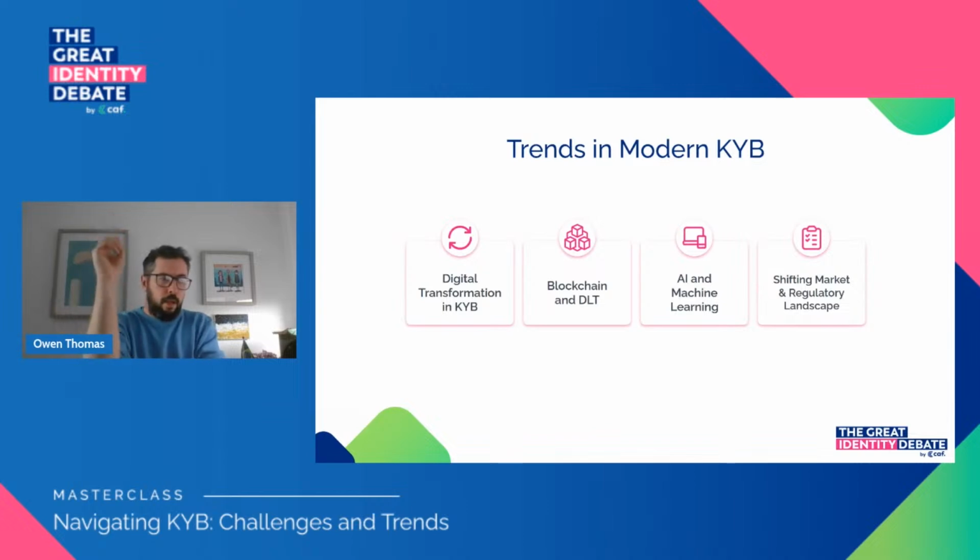So I personally think there are a few reasons why KYB lags so far behind KYC. We've covered the issues around data availability and reliability when we went through the pain points on the previous slide. But I think a major issue is the fact that most of the companies that have tried to solve the KYB problem were first KYC companies.